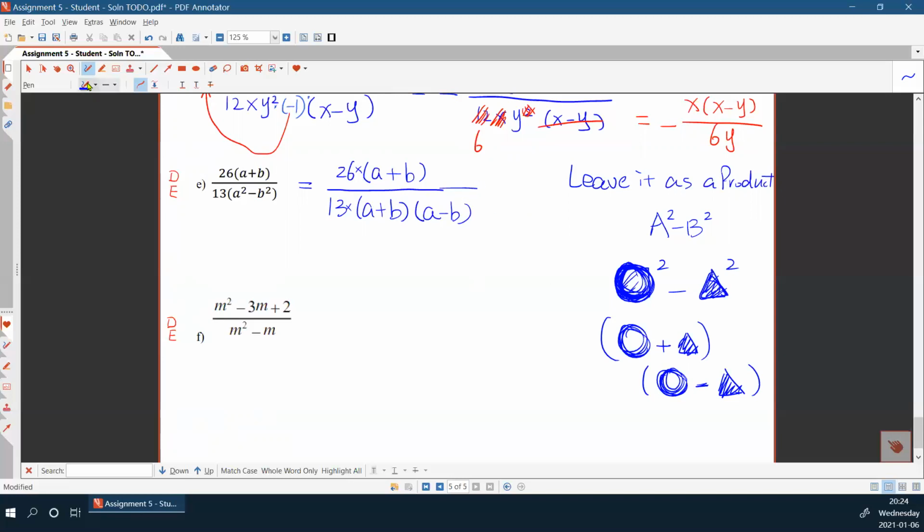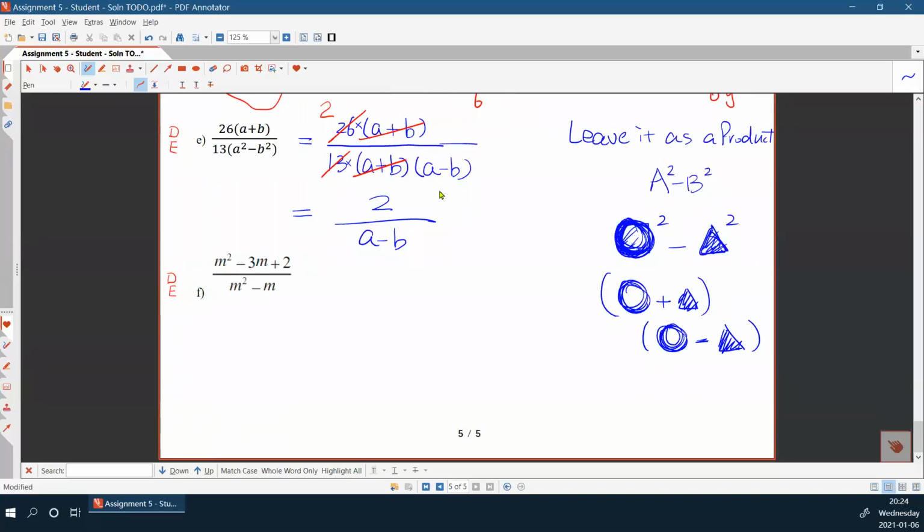Apparently, these two can be canceled with each other. And of course, we can cancel 13 here, which leaves us a 2 in the numerator. So the final result is 2 over a minus b. Can you see how easy it is?